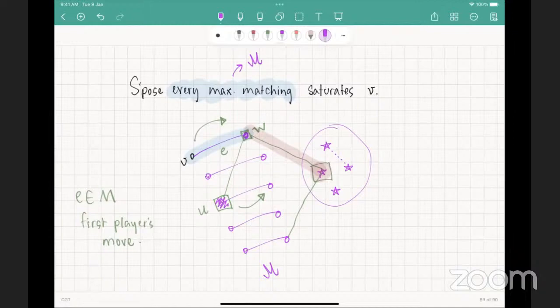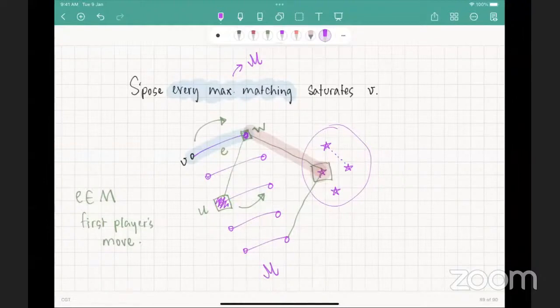What you're maintaining as an invariant is that the second player never gets to play along the edge of a matching, because you are the one who calls first dibs on the matching edges. So you start by playing on a matching edge. The second player is forced to then pick an edge that's not in the matching. And then you again play along a matching edge. The second player is again forced to pick an edge that's not in the matching, and so on. So for as long as that's possible, things are great.